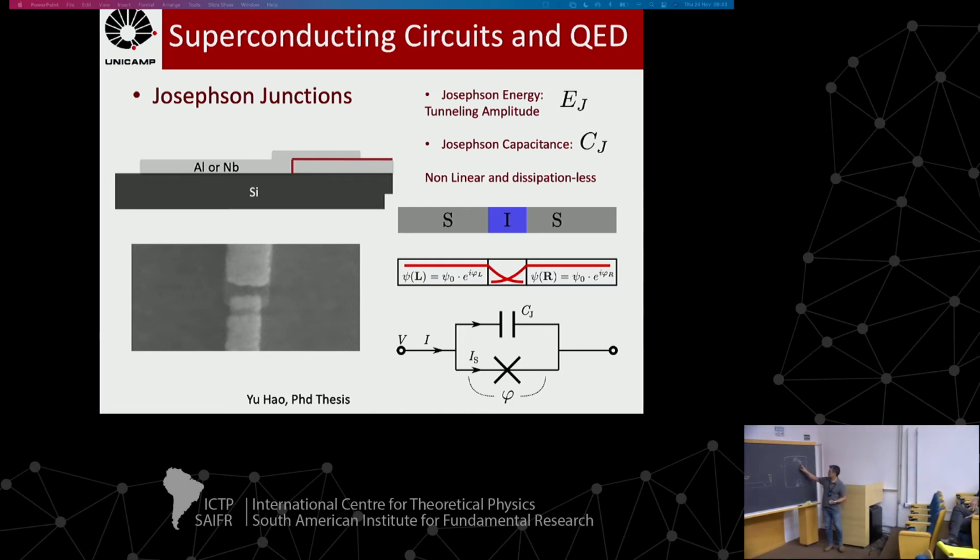When we have oxygen here, we form a small barrier of aluminum oxide on top of the aluminum. We can control the pressure of oxygen and the time we keep the oxygen inside the chamber, so we have control of the thickness of this barrier. Then I remove the oxygen.